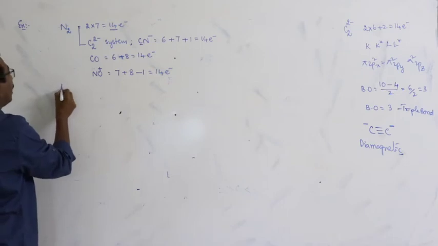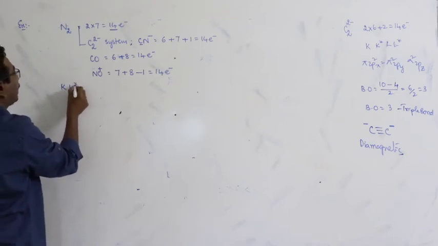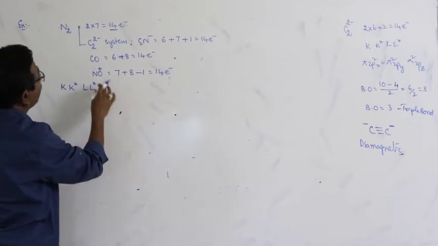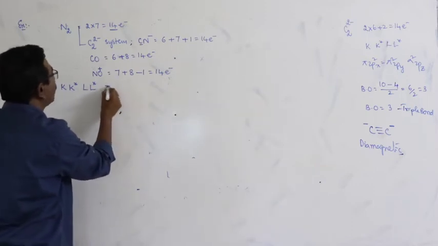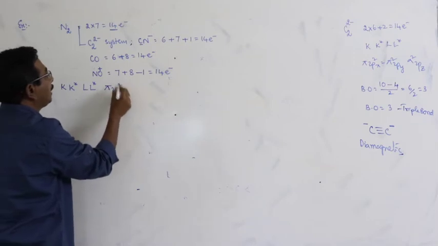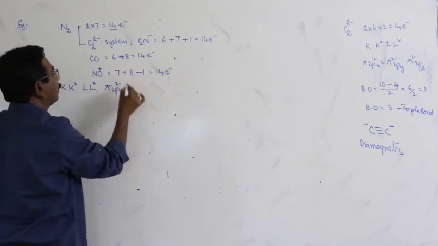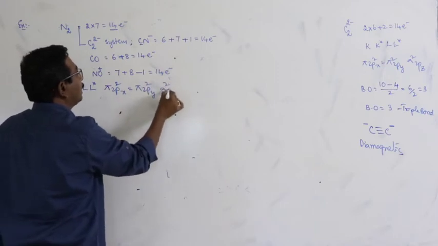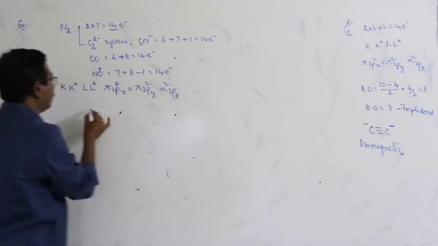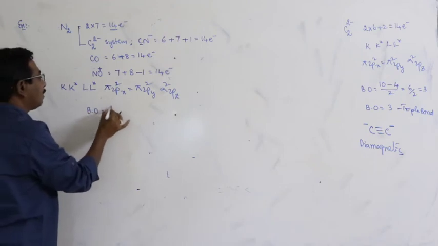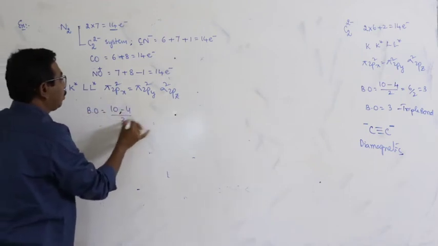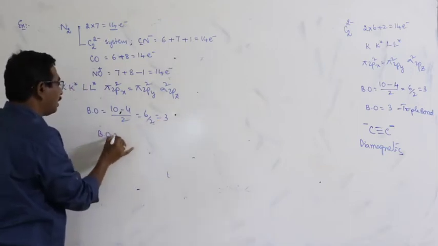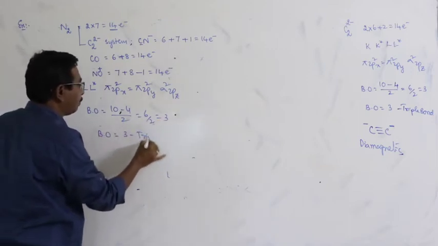Here the molecular orbital configuration is KK, and this is a 14 electron system. So pi 2p square x is equal to pi 2p square y, sigma 2p square z. Bond order is equal to 10 minus 4 by 2, that is 6 by 2, equal to 3. Bond order 3 means triple bond.